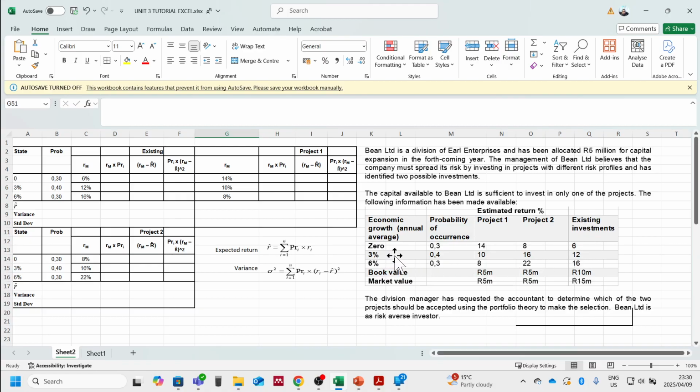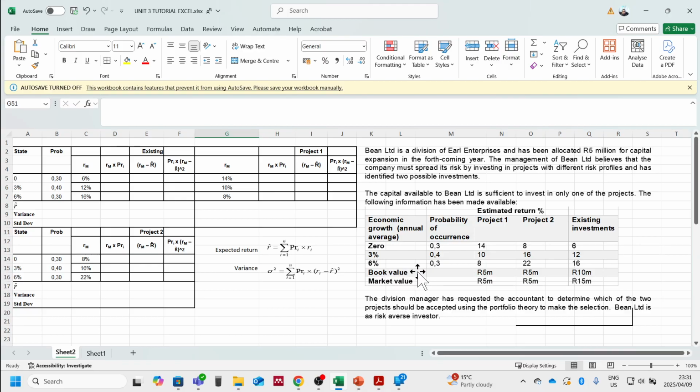However, if economic growth goes to 3%, the probability of this happening is 0.4 based on past events, and the anticipated returns are 10%, 16%, and 12%. And when economic growth goes to 6%, the probability of this occurring is 30%, and the anticipated return for project one is 8%, project two 22%, and existing 16%.